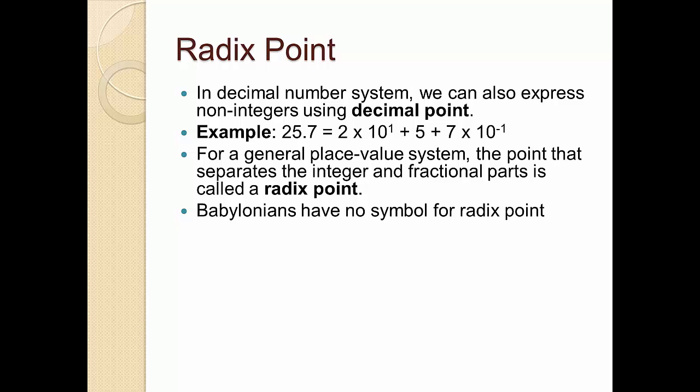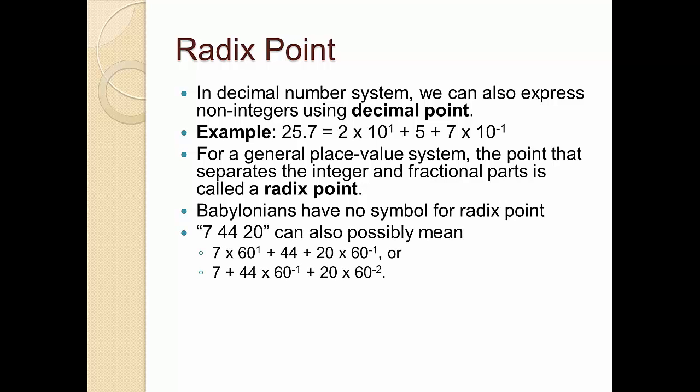Therefore, in the previous example, the Babylonian number 7, 44, 20 can also possibly mean the following: 7 times 60 to the power of 1 plus 44 plus 20 times 60 to the power of minus 1, or 7 plus 44 times 60 to the power of minus 1 plus 20 times 60 to the power of minus 2. The position of the radix point has to be guessed from the context.